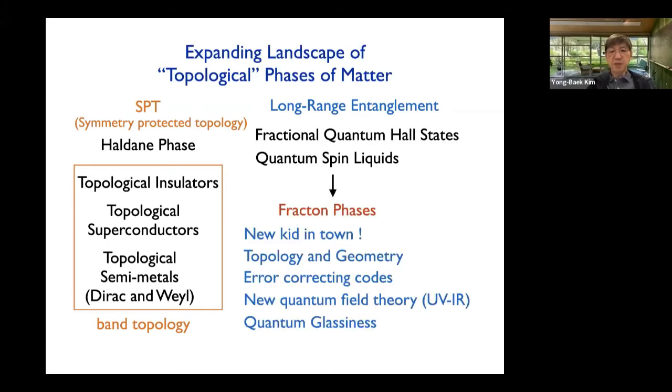Now we have relatively new phases, at least in theory land. These are fracton phases. This is basically a new kid in town. As you know, new kids always get a lot of attention, at least from theorists at the moment. It turns out that these phases depend not just on topology, but also on the geometry of the lattice.